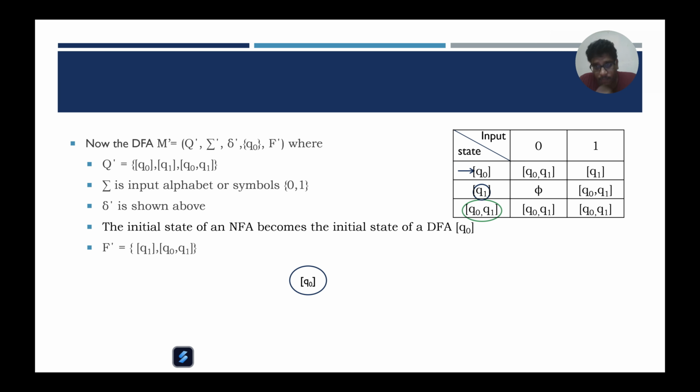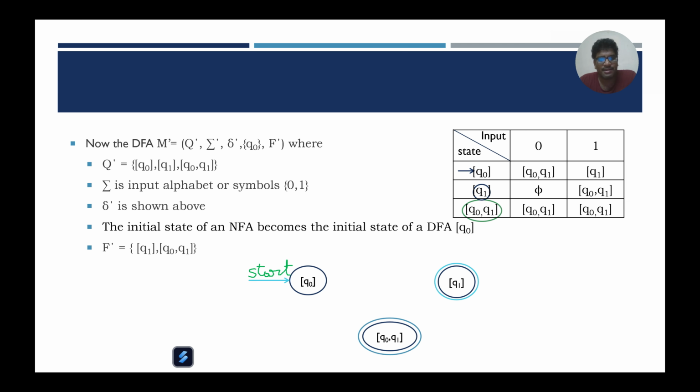Q0 is the initial state, so keep an arrow mark here and write start. Next create a Q1 state, create a Q0, Q1 state. Q1 and Q0, Q1 are the final states, so they should be double circles.